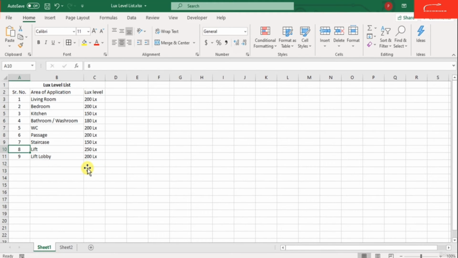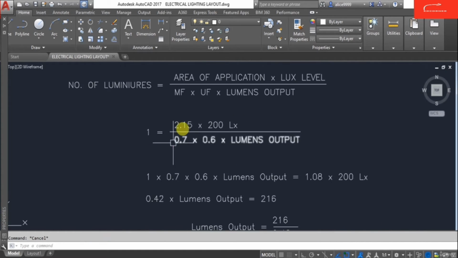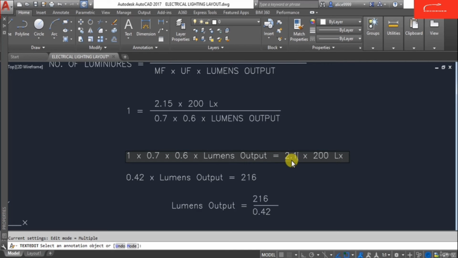If the passage requires 200 lux level, so I will mention the 200 lux level. By this formula I will calculate the required lumens output.